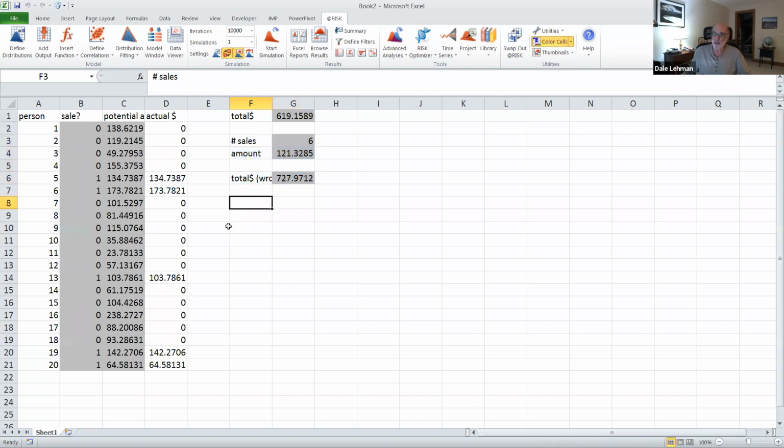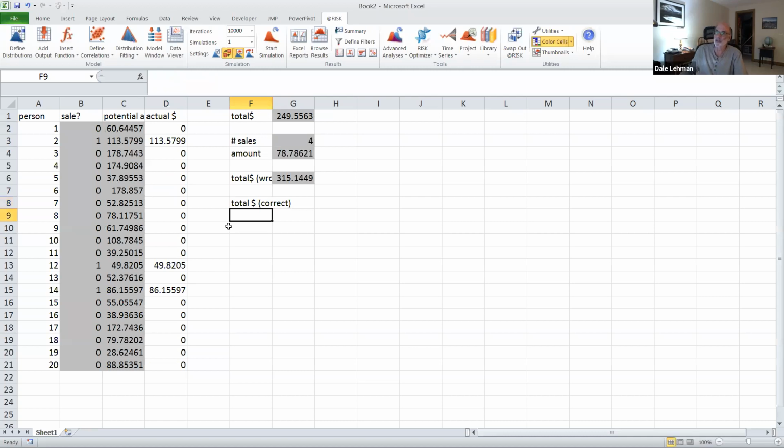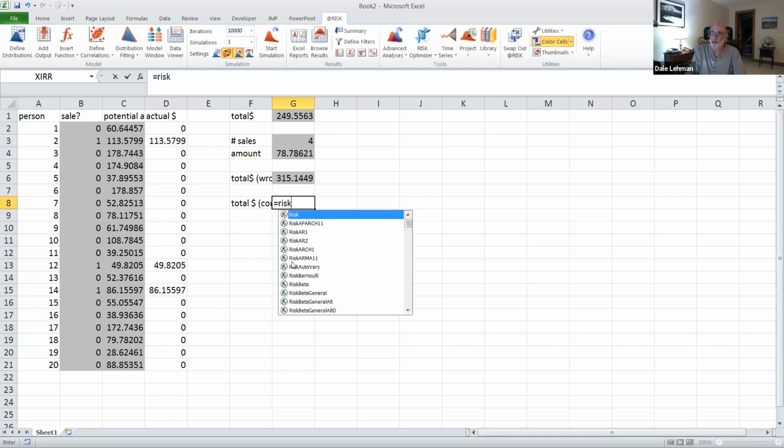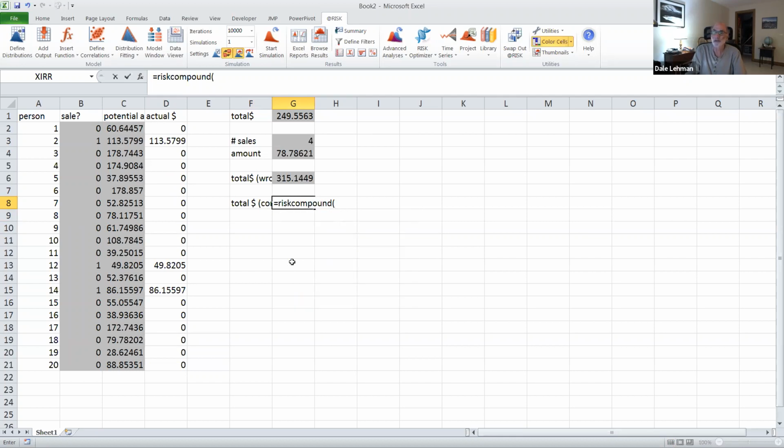There is a right way to do the short model here. Call it correct, but it's a short correct model. The actual G1 is a correct amount as well. And this is to use something called the risk compound function. Designed specifically for this purpose, it wants 2 entries.